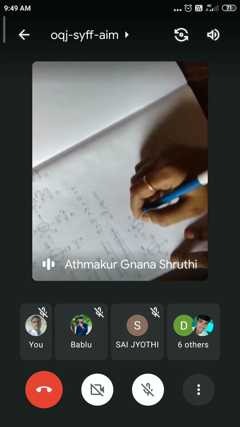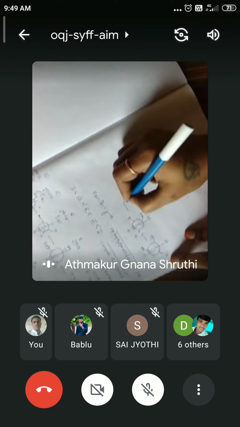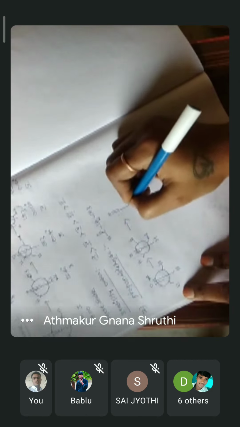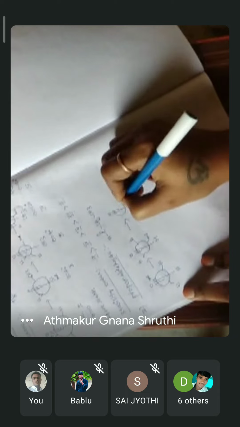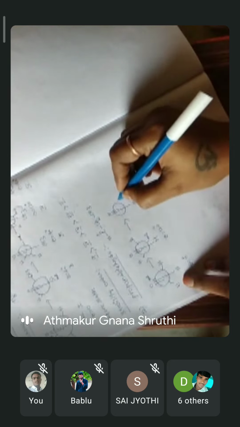The hydrogen and the methyl group, and then this is 120 degrees rotation, this is 0 degrees rotation, this is when the methyl group is here.